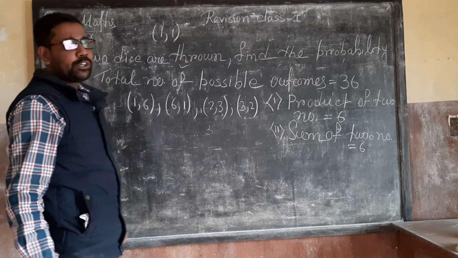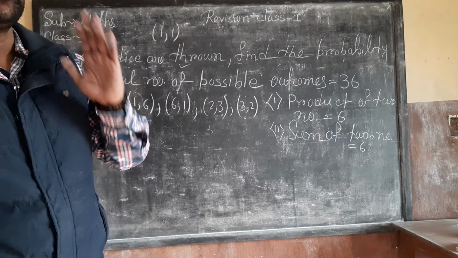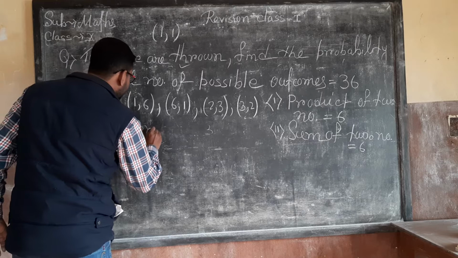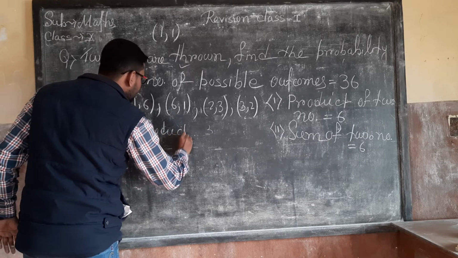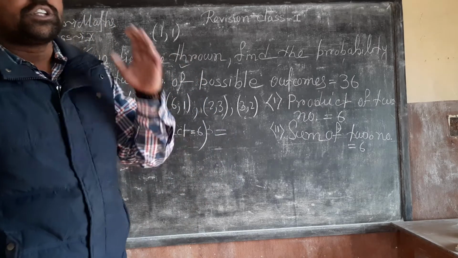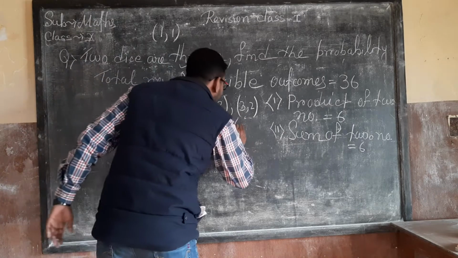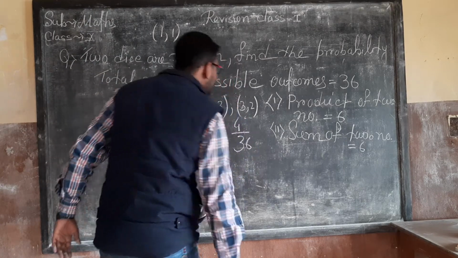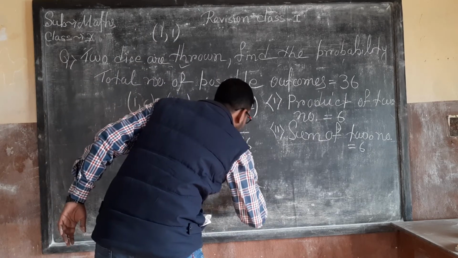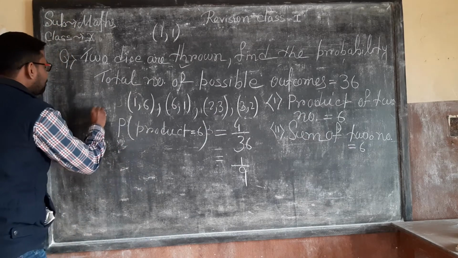That means the total number of favorable outcomes for this event is 4. So the probability of product equal to 6 is 4 by 36, which is nothing but 1 by 9. This is the answer for the first part.